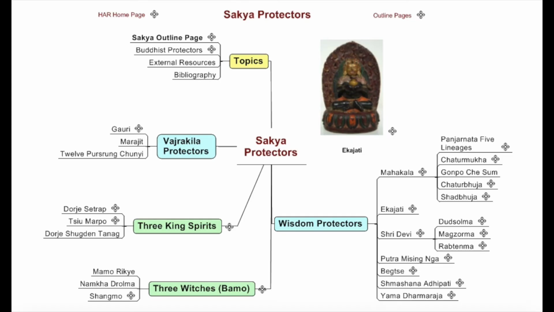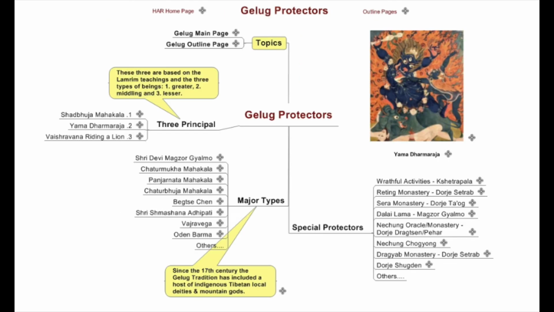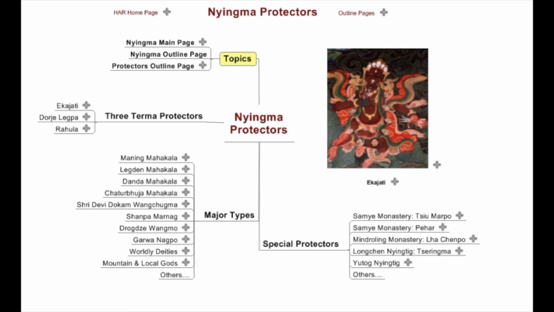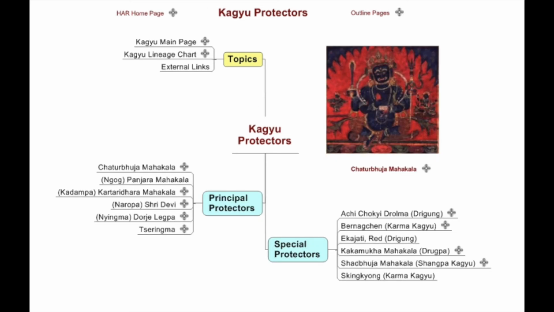So, if you can recognize figures in paintings or in sculpture with certain types of hats, then you can identify which religious tradition they belong to. With the protectors, each religious tradition also has its own unique choices and preferences for protector deities. So if you know protectors, then you can identify what religious tradition the painting belongs to.